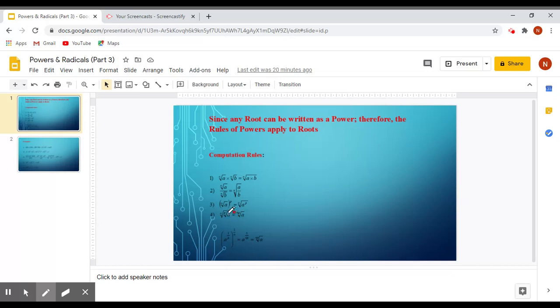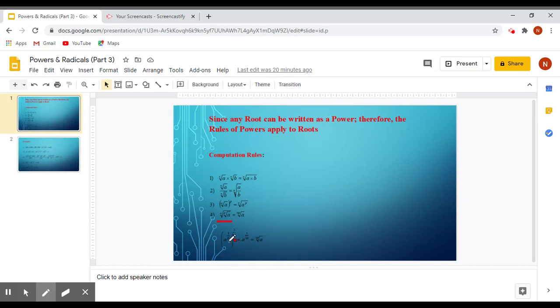So the pth root of a, we can write it as a to the 1 over p. Nth root of this one, we can write it as 1 over n. So this root under root, we can rewrite it as a to the 1 over p, all raised to the 1 over n.